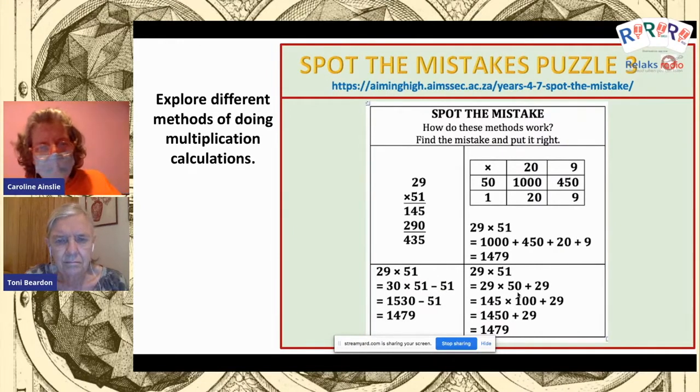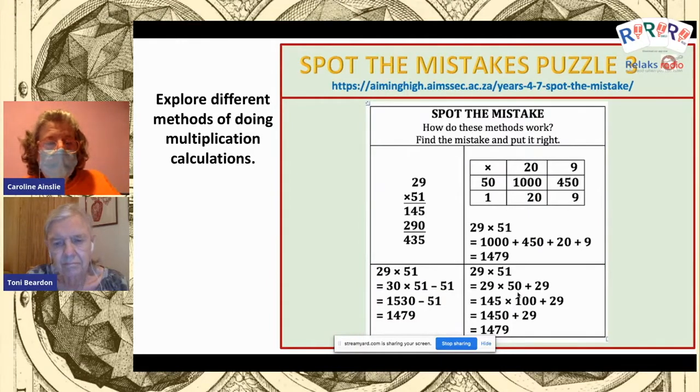On the bottom right hand corner, you've got 29 times 51. So what we've done is 29 times 50, which is a much easier thing to do, and then add the 29. So you have to know that 29 times 51 is basically adding 29 together 51 times, or 51 groups of 29.